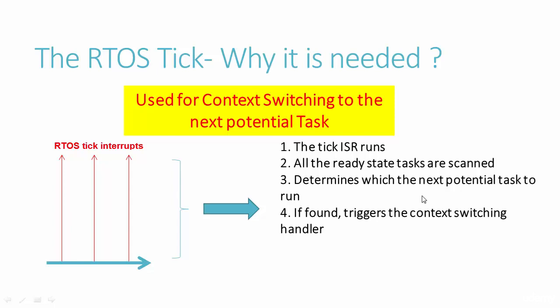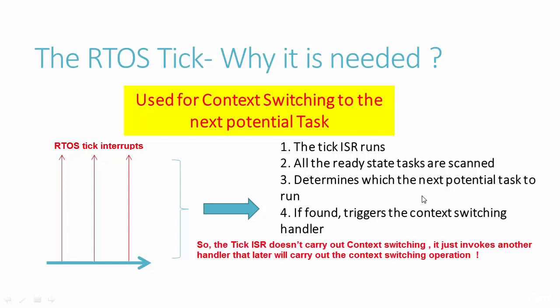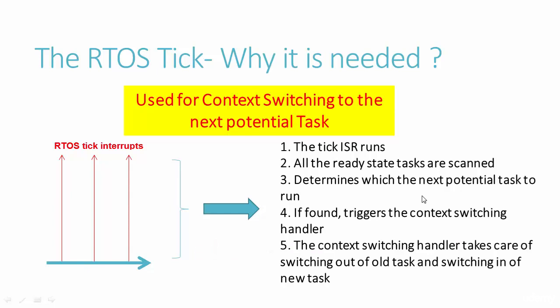So it won't do any context switching itself. It just triggers another exception, or another handler, which will take care of context switching. That means saving the context of the old task and switching in the context of the new task found. The context switching handler takes care of switching out the old task and switching in the new task. This is what we call context switching.